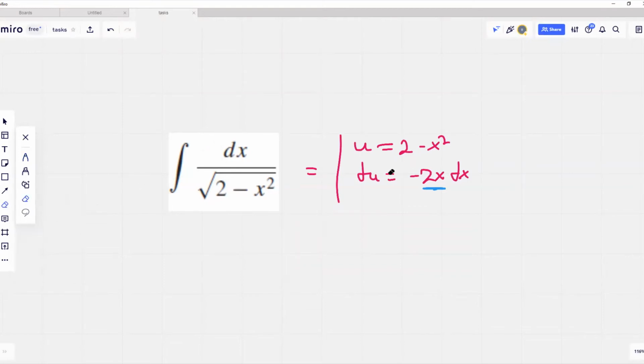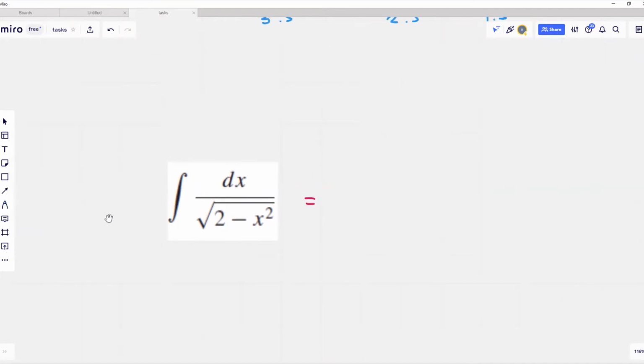So we are not doing this substitution, but we are looking at this integral here, and it resembles the integral of an inverse trigonometric function. Let's try taking the derivative of arcsine of x.